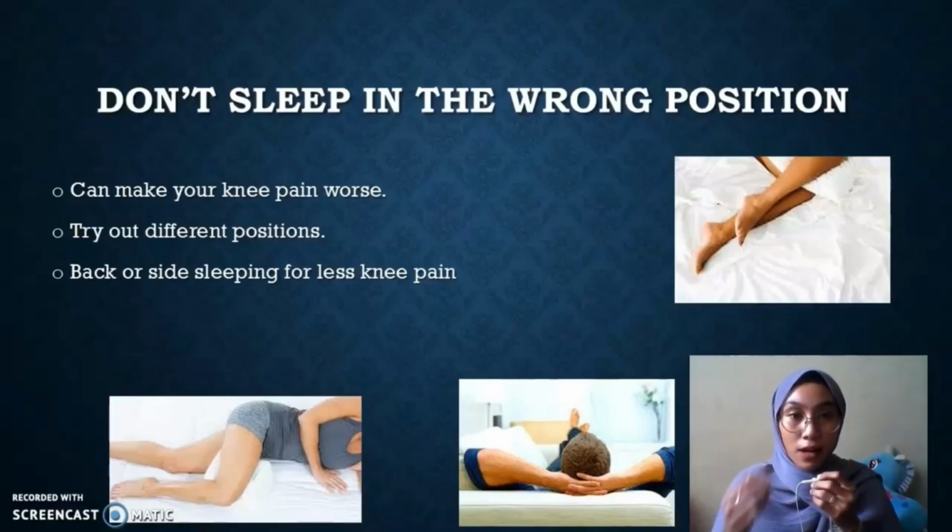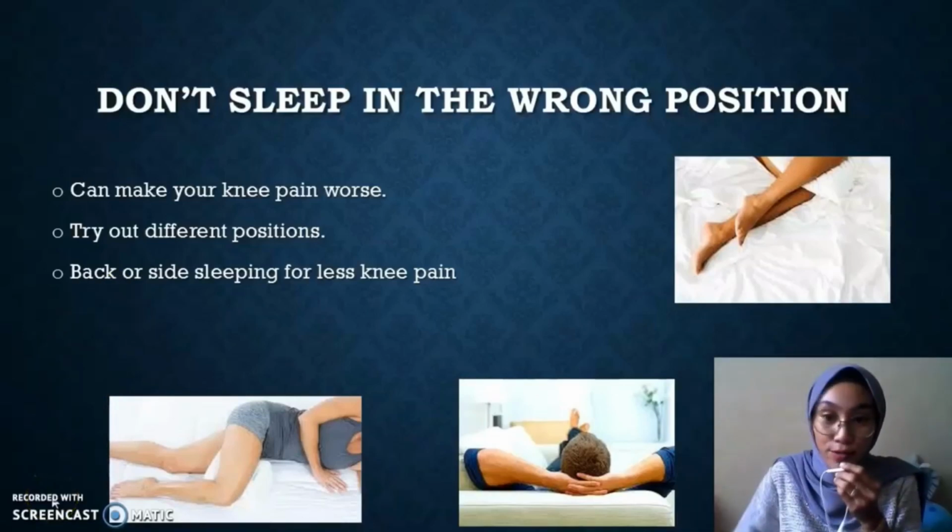If on your back, put a pillow under your knees for support, while on your side, keep your knee in a neutral position to minimize pain, and try to never sleep with your legs crossed. So okay, we can go to the next slide.